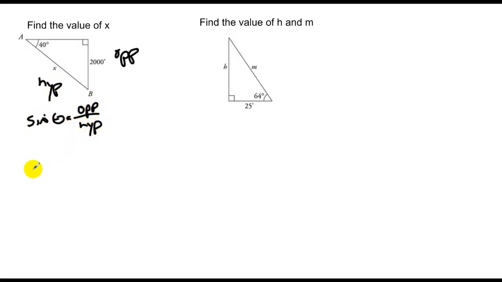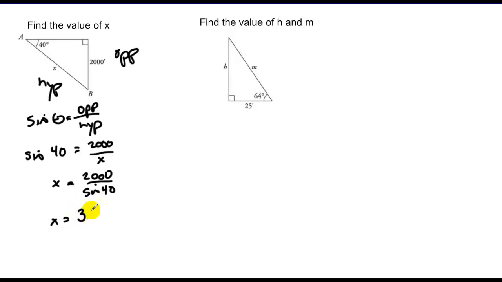Therefore, we have the sine of 40 is equal to 2000 over the unknown x, and x equals 2000 over the sine of 40. X therefore will equal 3111.45 if we round, which makes sense because this is a smaller side than the hypotenuse because it's opposite a smaller angle, and that's bigger. Should always probably check that.